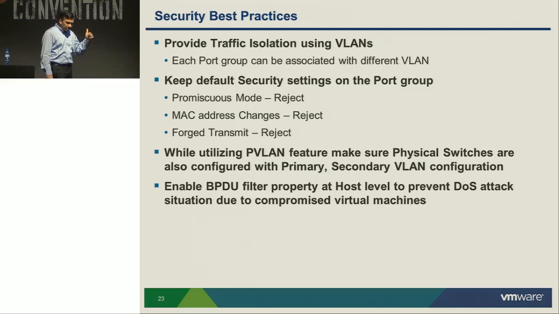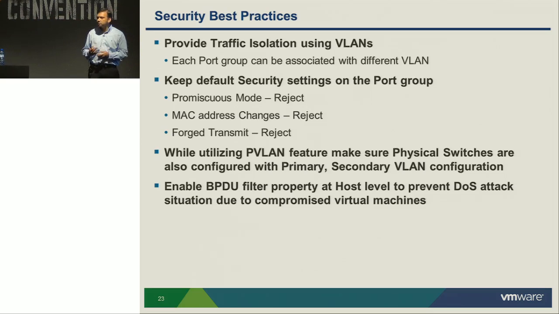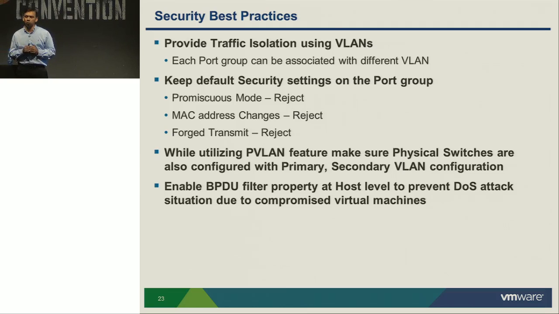BPDU filter. I talked about this BPDU guard feature on the physical switch, which means you have to enable BPDU guard on the physical switch. The BPDU is the Bridge Protocol Data Unit, which is only used for spanning tree protocol. Now, when you configure PortFast and BPDU guard on the physical switch, what you are telling the physical switch is that you will never see any BPDU packet from the host.